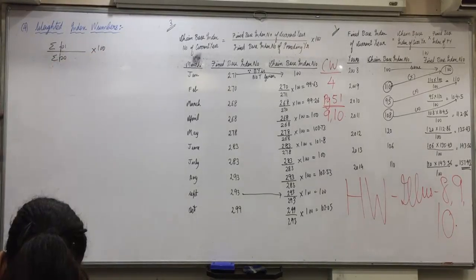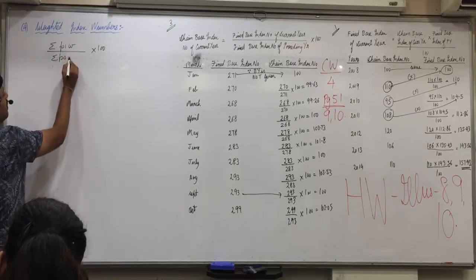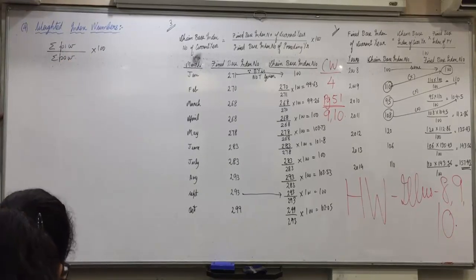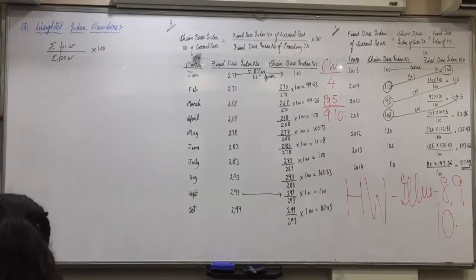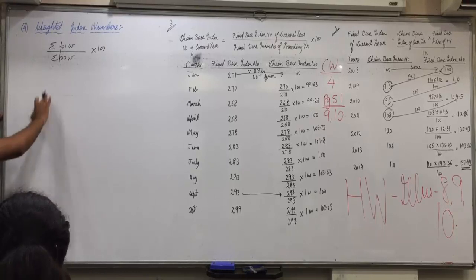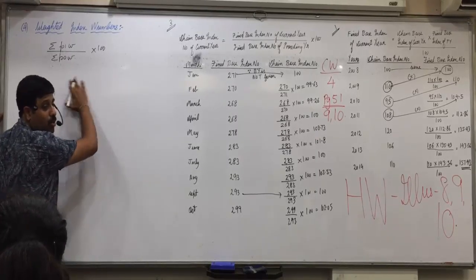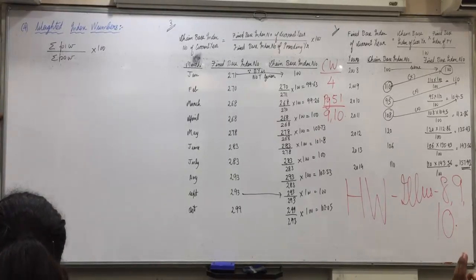Now weighted index numbers means weight will be attached to that. So instead of simply P1 upon P0, it will become P1W multiplied with the weights divided by P0W into 100. This formula is just the base. It is not to be applied in any of the questions.